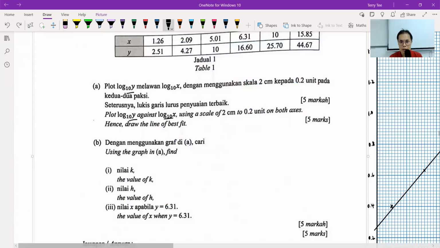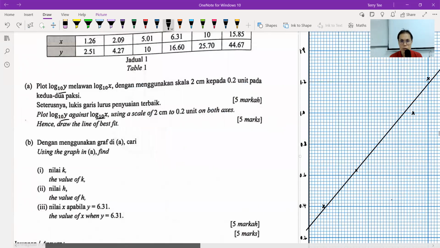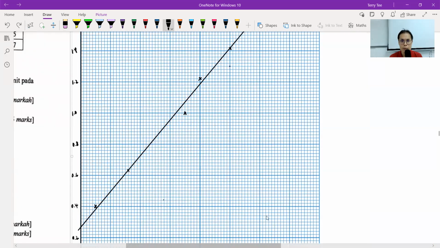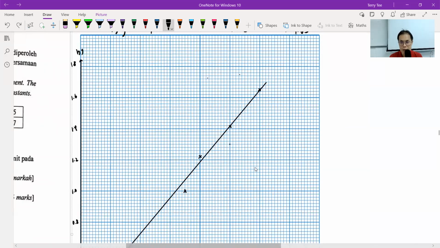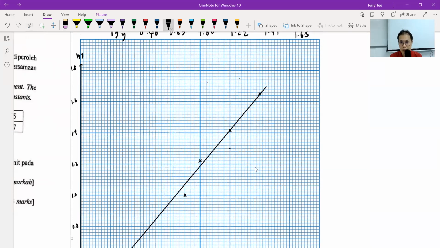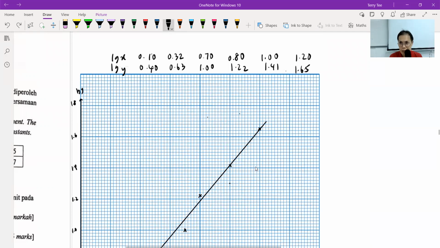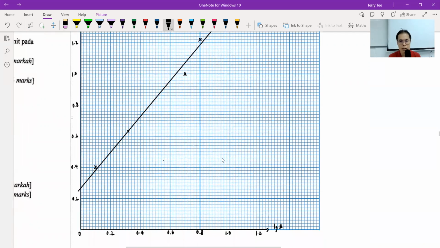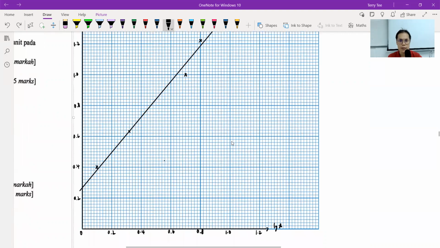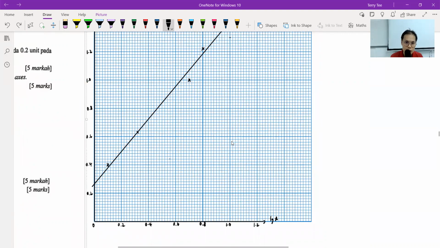Okay. So coming back to this, you're supposed to always remember the purpose of linear law is to find the value of unknown. Yeah. And to find the value of unknown from your equation, we have to find gradient and y-intercept. Okay, my gradient from the graph, maybe I start off with the y-intercept first. This y-intercept, I look at this around 0.26.